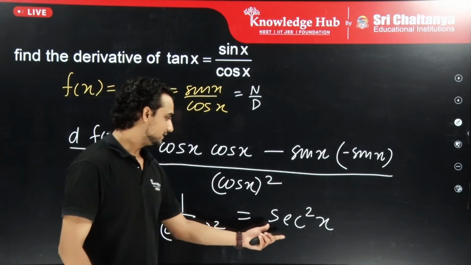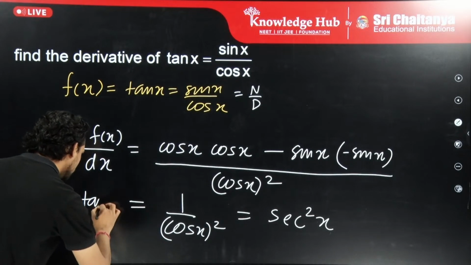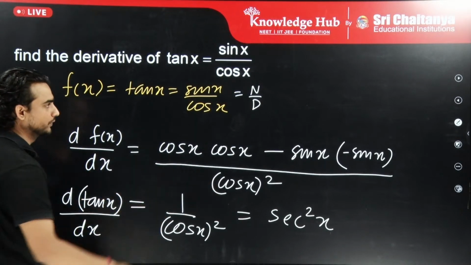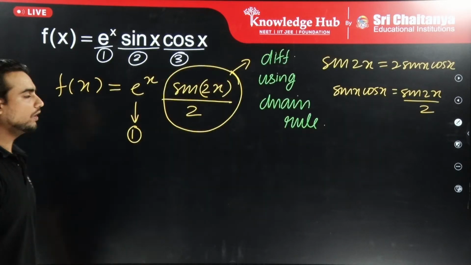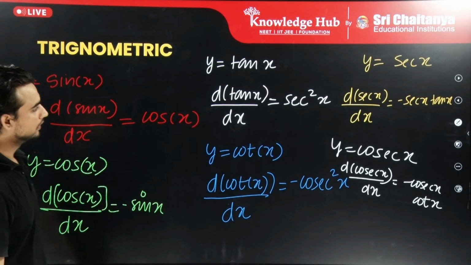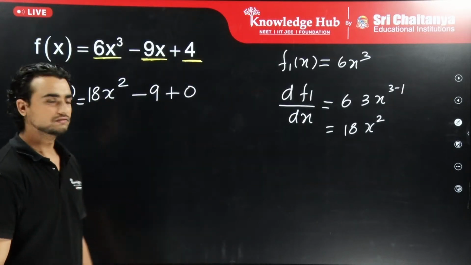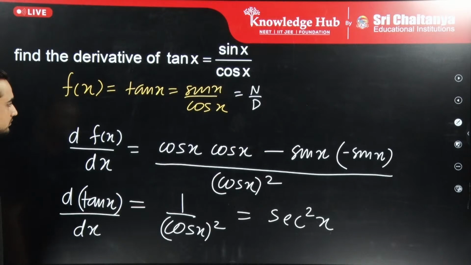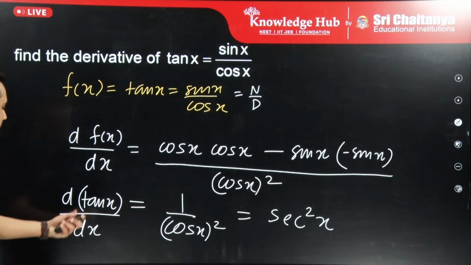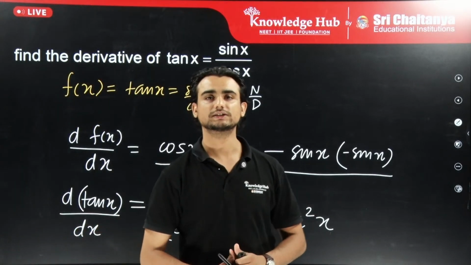So differentiation of tan x is equal to sec square x, and we have already written the formula that the differentiation of tan x is sec square x, right? So this is a proof of that function. This is how you use the division formula to find the differentiation of functions which are in division.